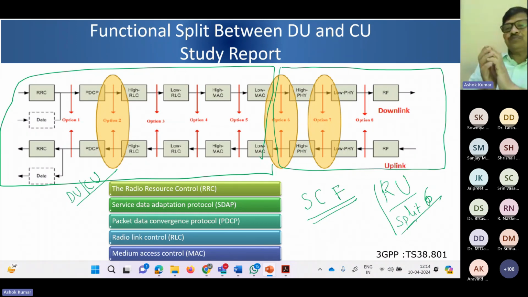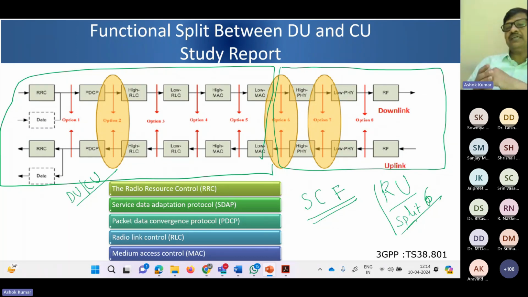And in case I am putting option 6, the complete physical layer, how much backhaul is required towards the DU or CU? In case of split 6, the backhaul requirement would be less compared to when I have some part of the physical layer at the RU and some part at the DU.